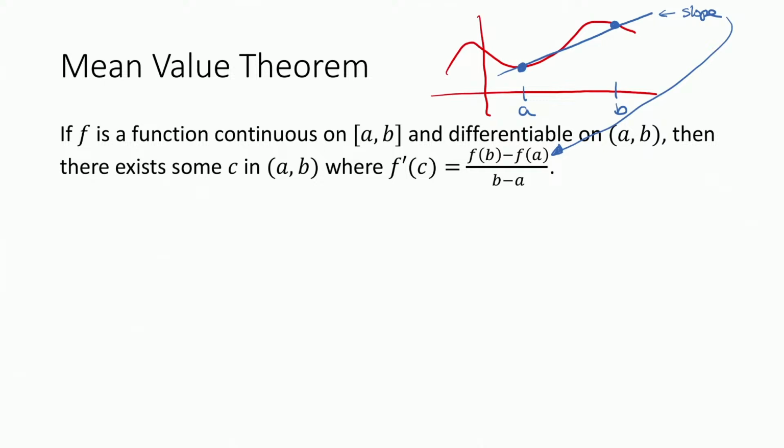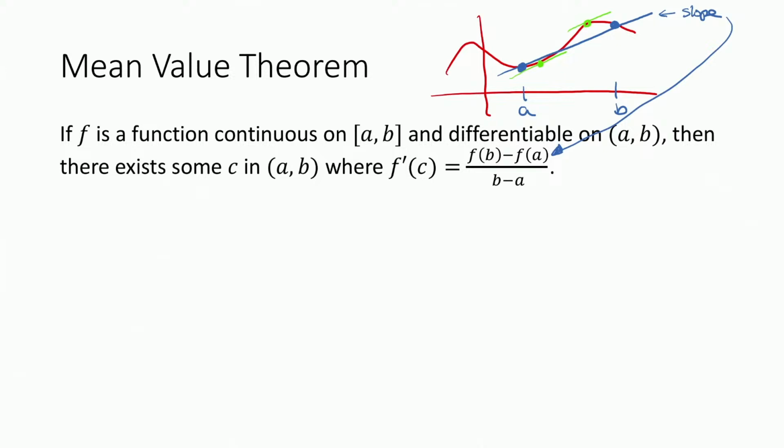That's the slope, right? Now, what the mean value theorem says is that somewhere, in fact, in this case, it's 2 places, there is going to be at least one place in between a and b where the slope of the function matches that slope of the secant line.